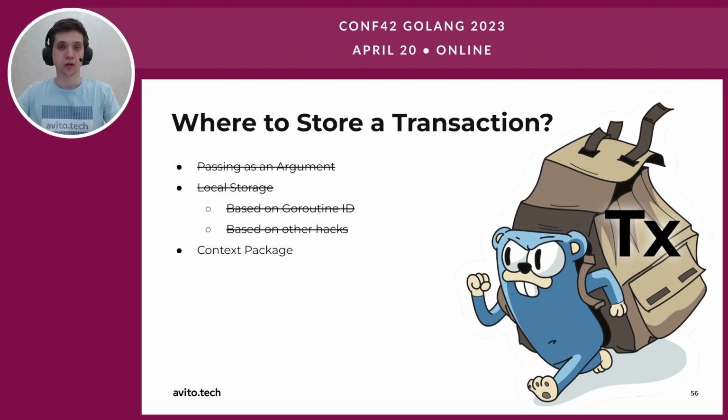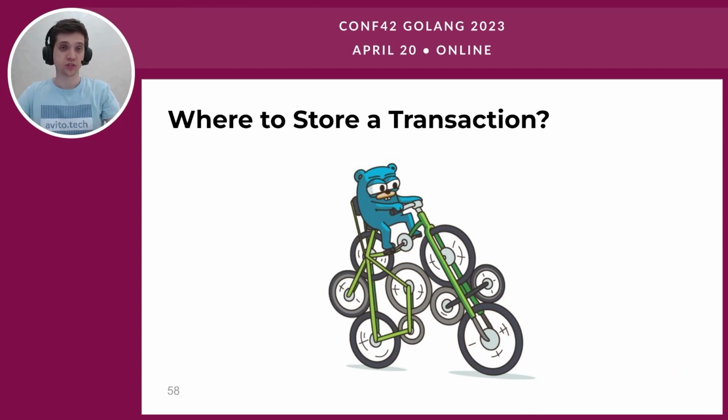Fortunately, we are not in 2016, and we have the context package that can be used to store the transaction. However, there are opinions that storing something more than primitive types in a context is a bad idea. That means, should we reinvent the wheel?